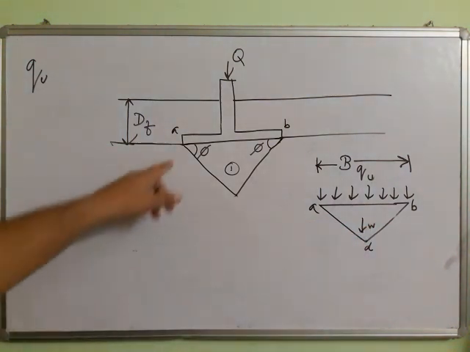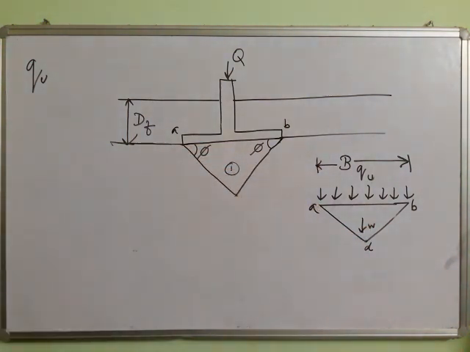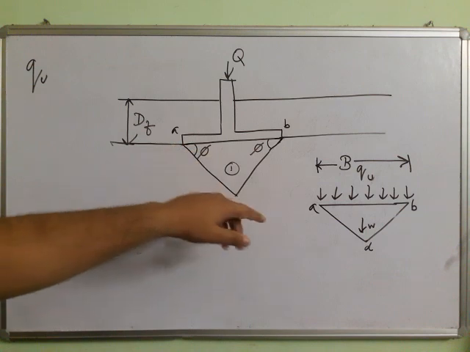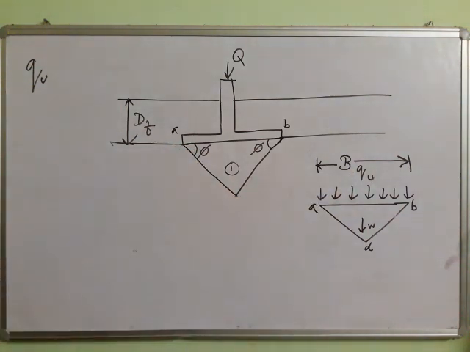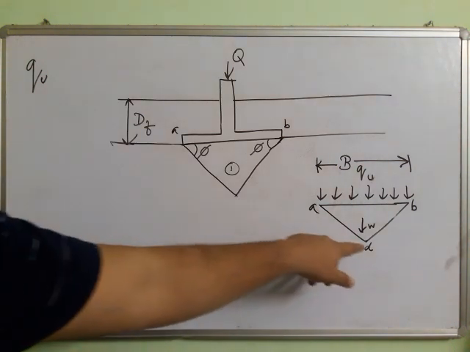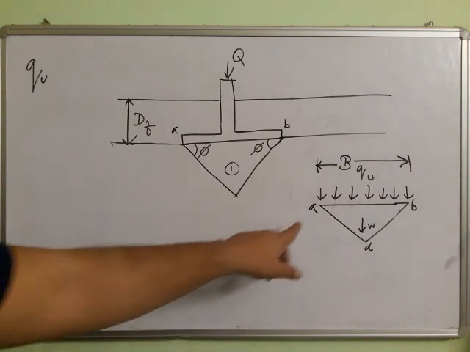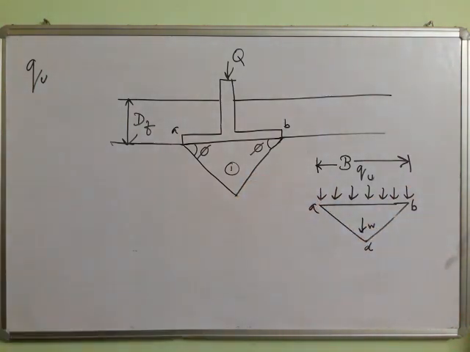So the width of the footing we consider B. Q is the load intensity, the ultimate load intensity that is falling. Overall, whatever load is falling will be termed as QU. Then W is the weight of the soil, which is in the triangular portion.